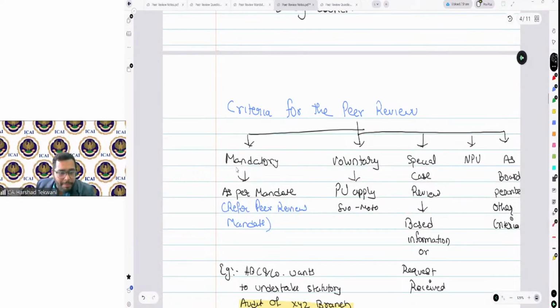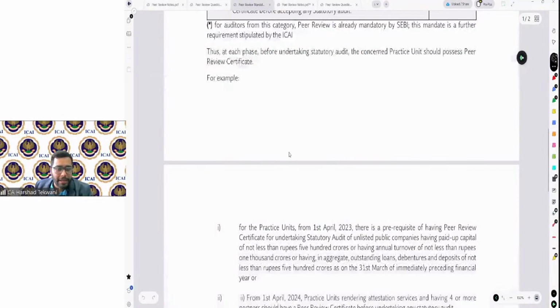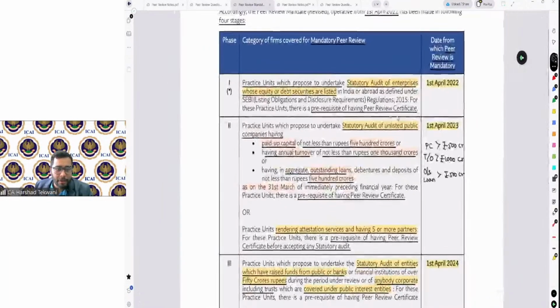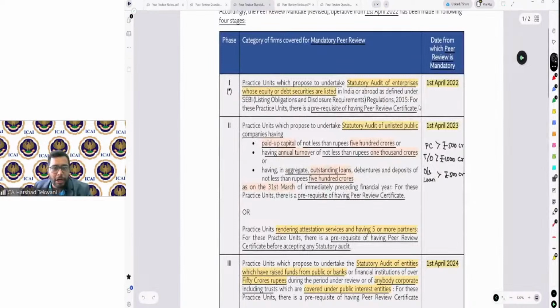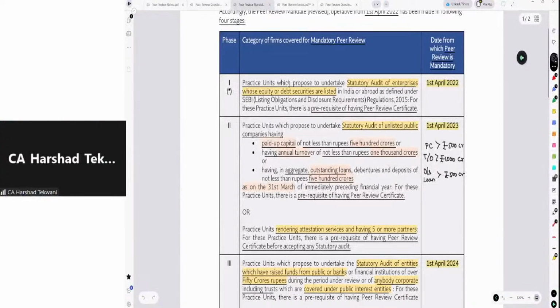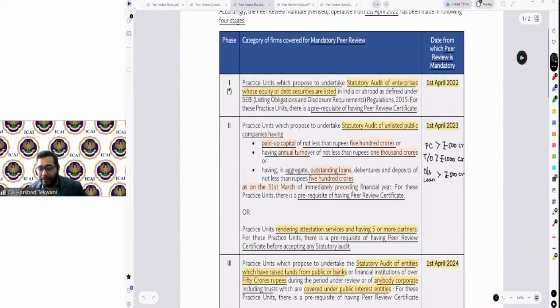If you fall under the peer review mandate, then it is mandatory to get a peer review certificate. And what does the peer review mandate talk about? When I talk about peer review mandate, these are firms already doing statutory audit of listed entities, or already doing the statutory audit of unlisted public entities, with these criteria.